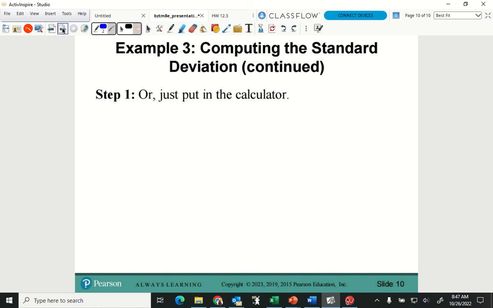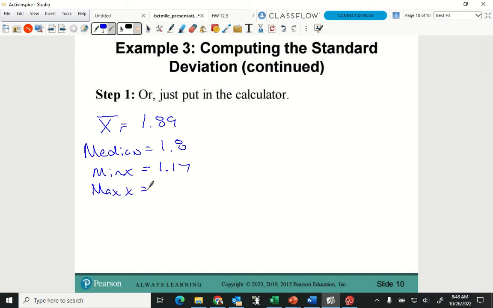So let's go by symbols. X bar is the mean, which we said was 1.89, and then median, which is 1.8. It was 1.8, right? Okay. So another thing, min X was 1.17. Max X was 2.